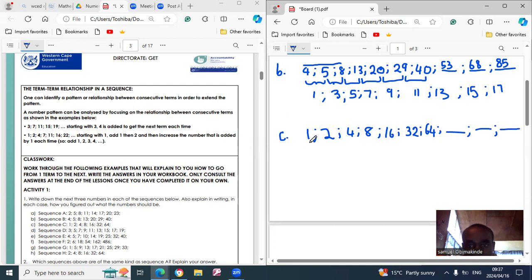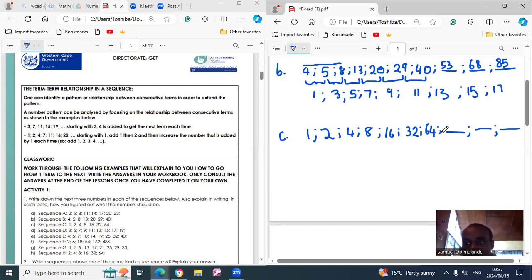Here, to get from 1 to 2, you multiply 1 by 2, right? The same thing to get from 2 to 4, you multiply by 2. To get from 4 to 8, you multiply 4 by 2. So each time you are multiplying the term by 2 to get the next term.